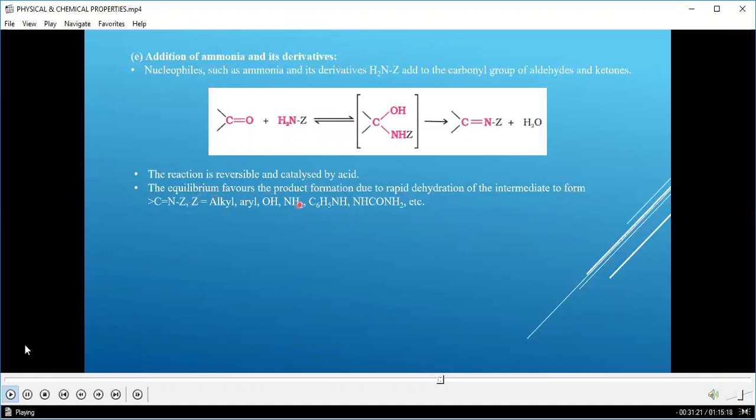The equilibrium favors the product formation due to rapid dehydration, that means removal of water molecules. So here we are coming under the nucleophilic addition elimination reaction of the intermediate to form the desired compounds. Initially we have seen the nucleophilic addition reaction and the nucleophilic addition elimination reaction. So here we are adding as well as removing the water molecules.